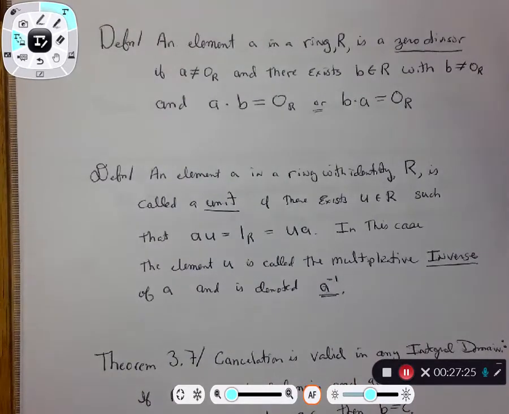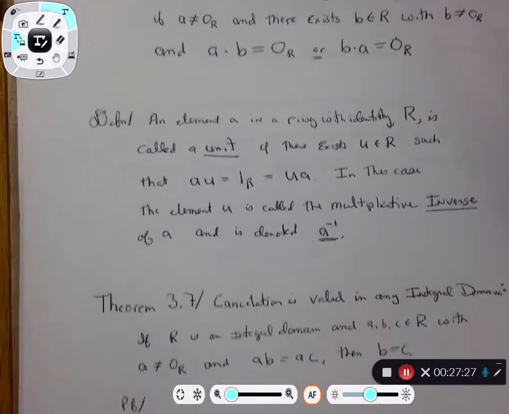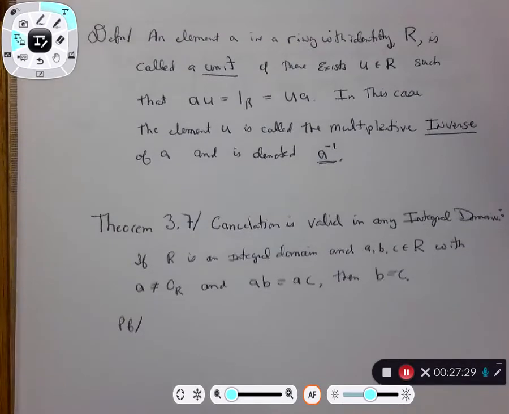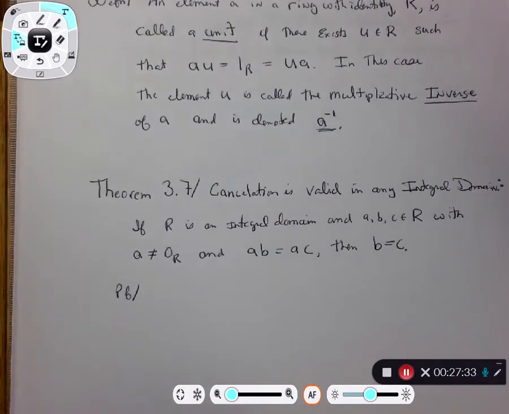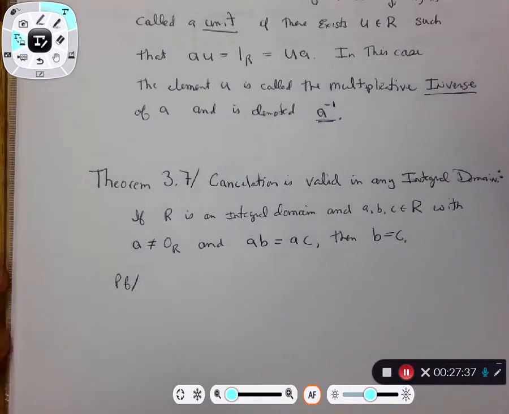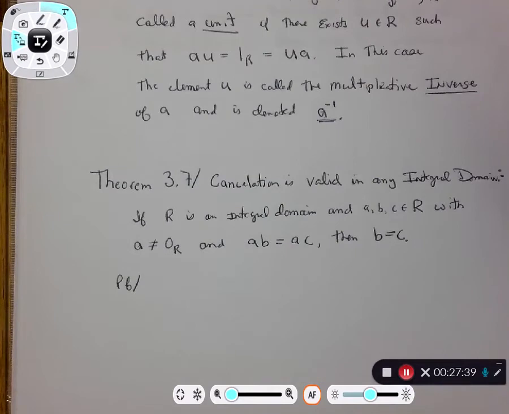Okay. With this, we have to have a little bit more structure. So let's talk about the cancellation property again, but this time with the idea of multiplication. This is Theorem 3.7. Theorem 3.7 says this: cancellation is valid in any integral domain.